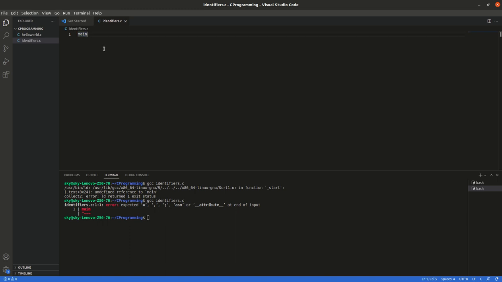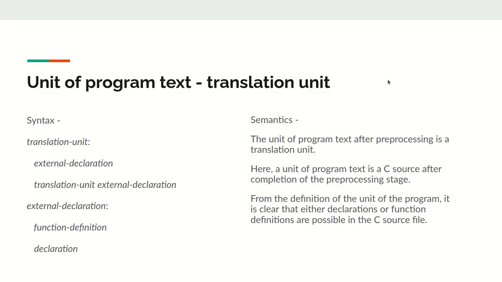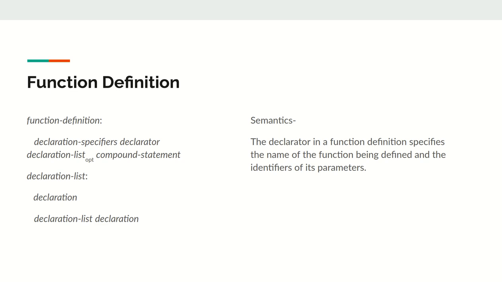So for this we'll see how a function definition looks in the syntactical notation. Now we saw the translation unit, how it behaves with just empty source code. Now we'll see the function definition.